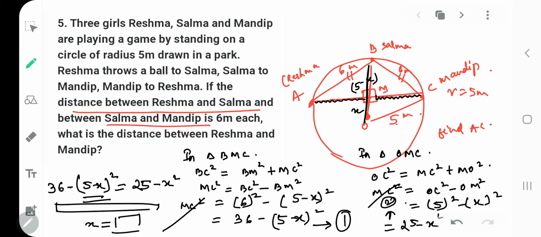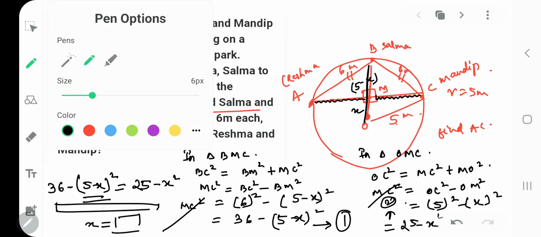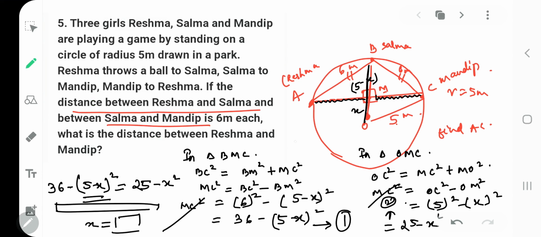Once you get the value of X, my dear kids, you have to put that value into this triangle. You will put the value of X and again go for Pythagoras theorem in triangle MOC, and from there you will get MC square is equal to CO square plus MO square, I'm sorry.